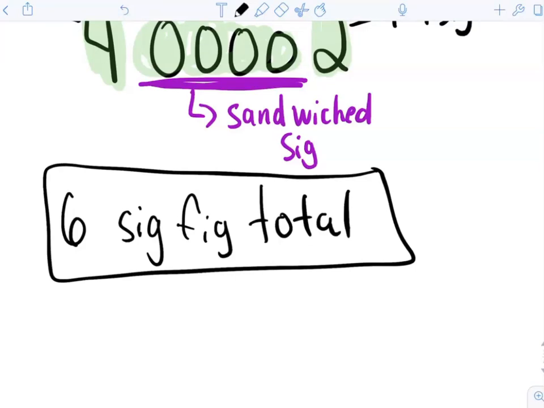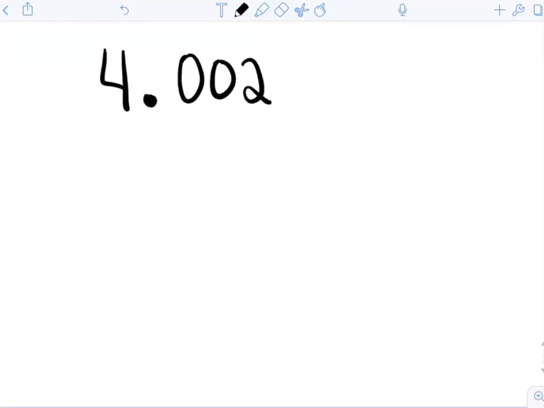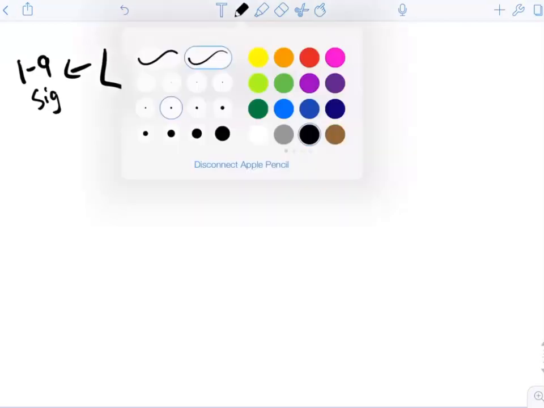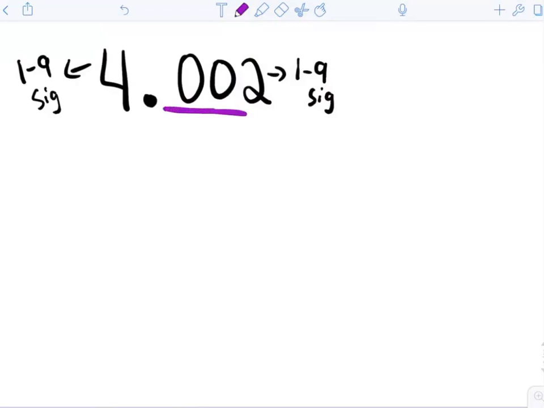Okay, now, let's say if we had 4.002. Again, we know that this is 1 through 9. We know that this is 1 through 9, so it's significant. Now, these zeros are still going to be sandwiched.